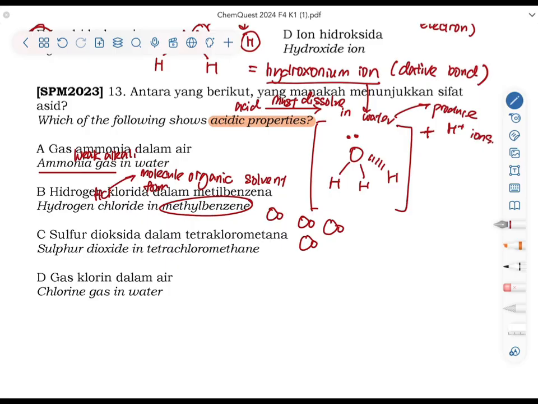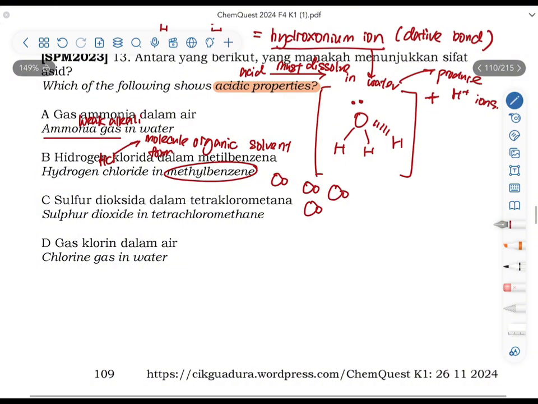In this case, we are not looking for the molecule; we want the ion form. Next, C, sulfur dioxide. Sulfur dioxide is also an acid, but since it dissolves in the organic solvent, it will also exist in molecule form.